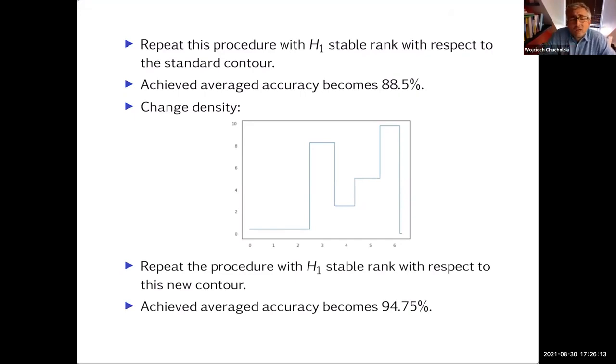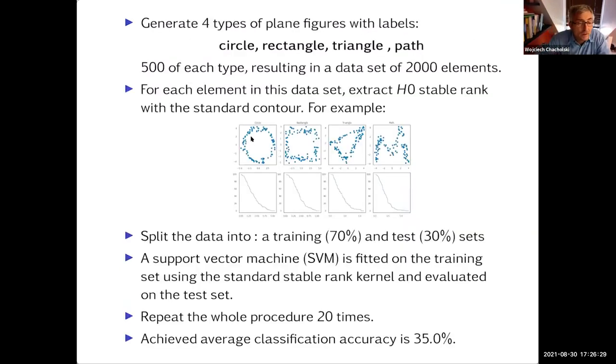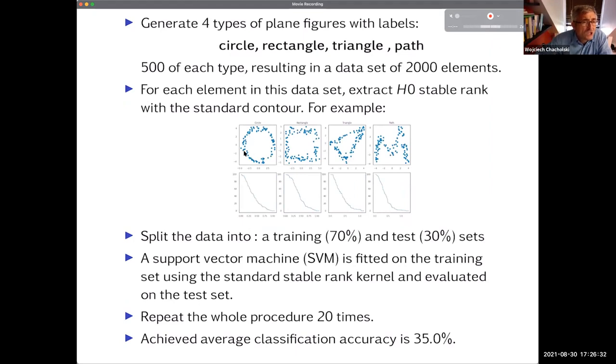I will not do it now, but one can do similar experiments using, for example, random point processes. I can have point processes on the unit square generated by different distributions, and you might ask whether this apparatus distinguishes between the geometry of various distributions of point processes on the unit square.